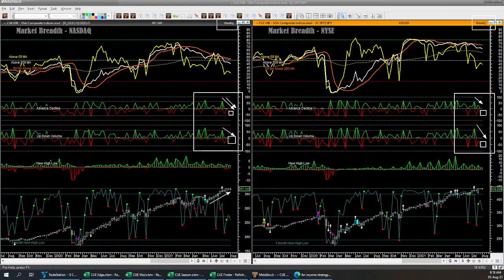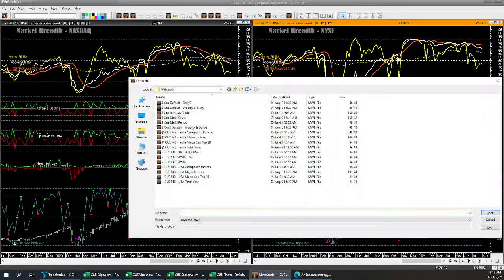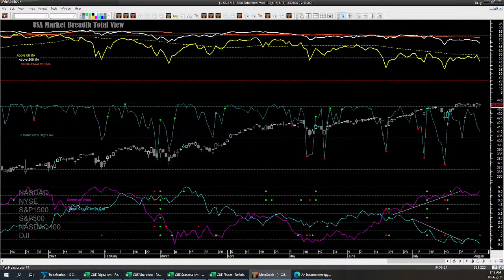We'll see if the divergence leads to a significant drop. No significant drop has happened without a big distribution count, and those who follow the Hindenburg signal also know no significant drop has happened without the bearish Hindenburg appearing.